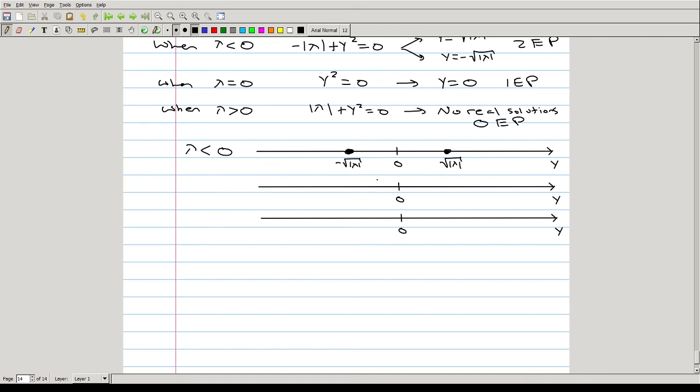And the solution in each one of these regions, if you look at the sign of this function, or the sign of lambda plus y squared, when y is less than negative square root of lambda, this value right here is going to be positive.